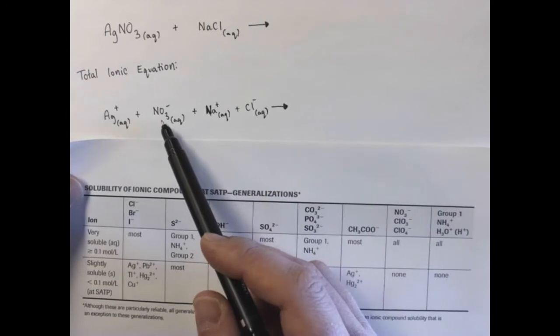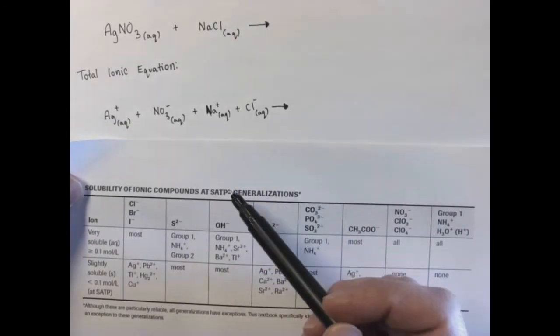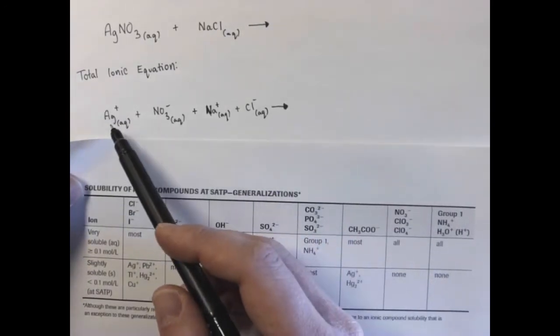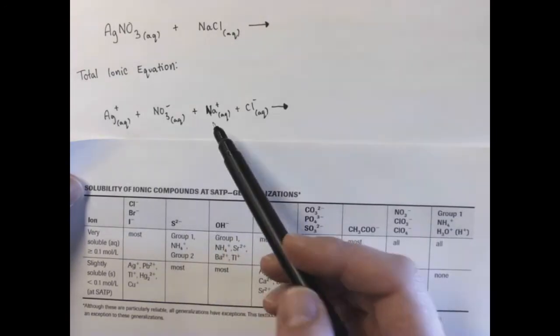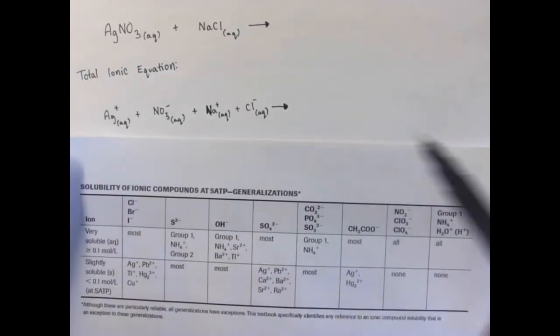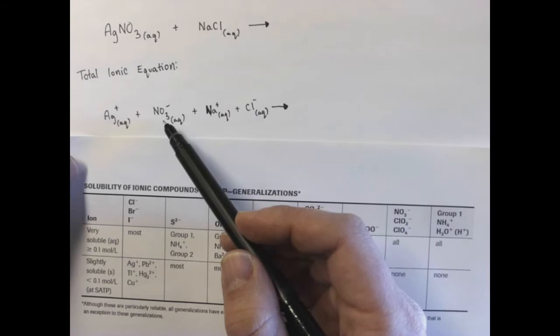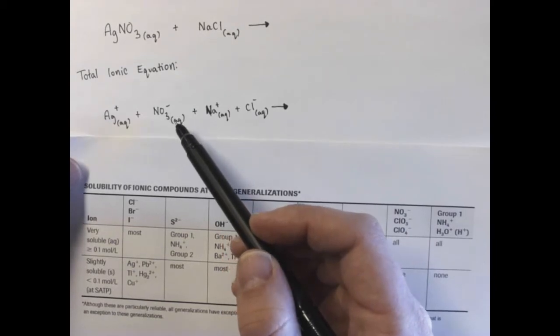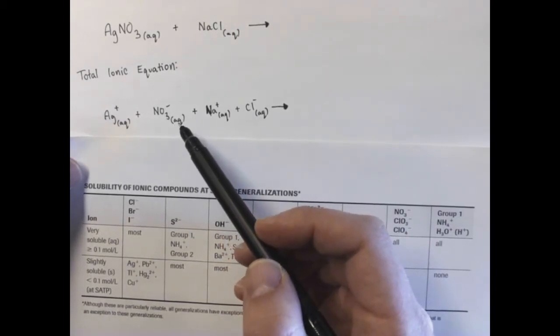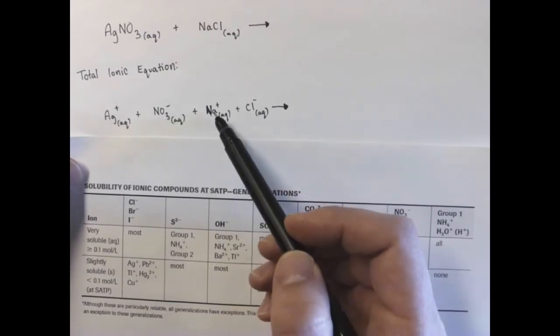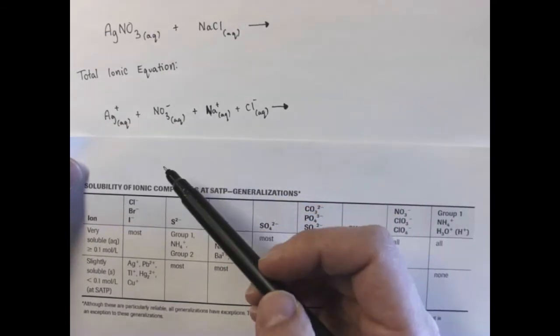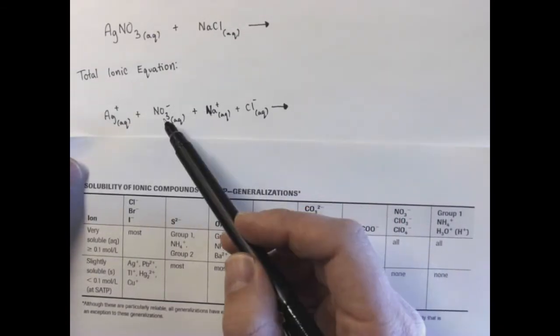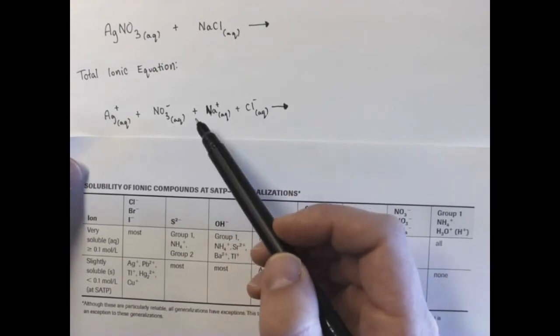My anions are nitrate and chloride, and my cations are silver ions and sodium ions. So let's start off with what's one possible new thing that we can make here? Well, I could make sodium nitrate. So the sodium and the nitrate, they could end up with each other here.